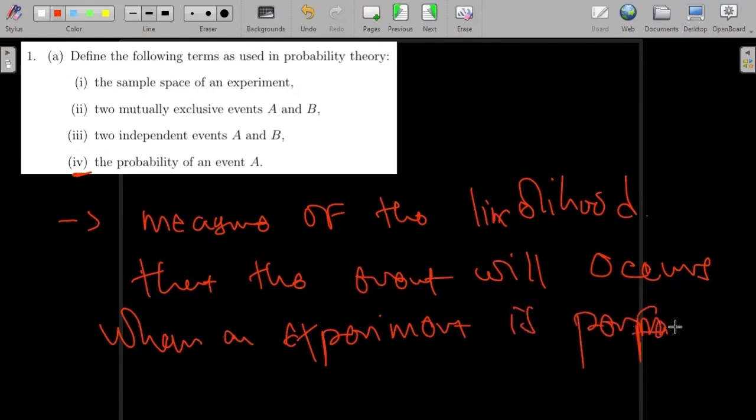Okay, so that's how we're going to define the probability of an event A.